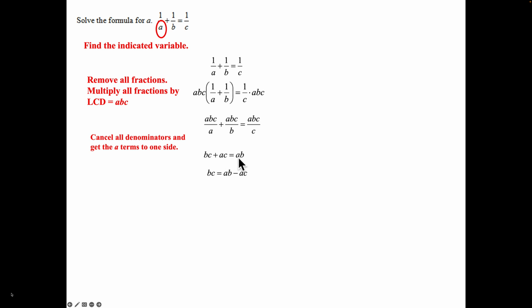Since AB is over here on the right side, I'm going to subtract AC over to the right side and do that same trick I did on the last problem to go from two a's to one a: factor out the a as a GCF. As soon as I do that, we'll divide over the b minus c in parentheses to the b times c. A is by itself, and we are now done.